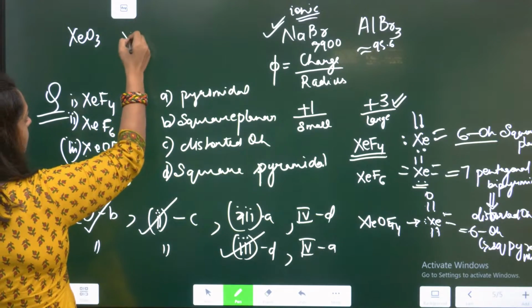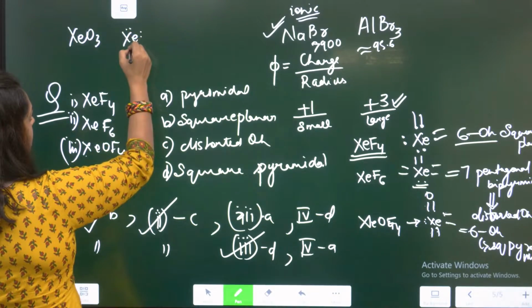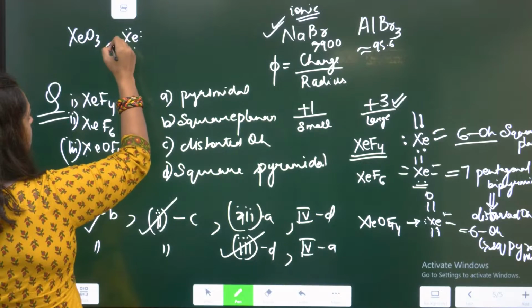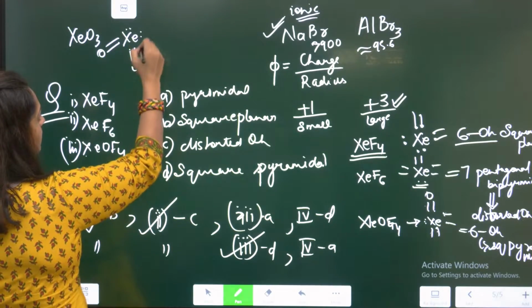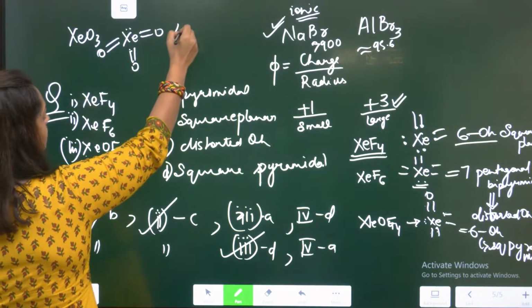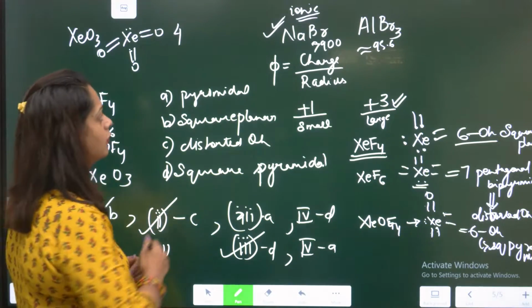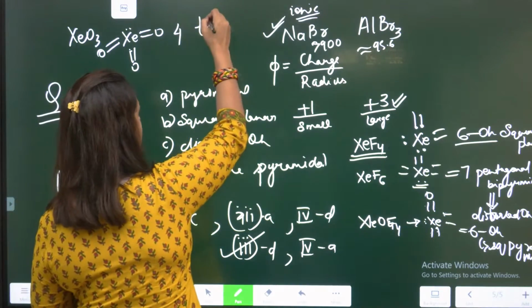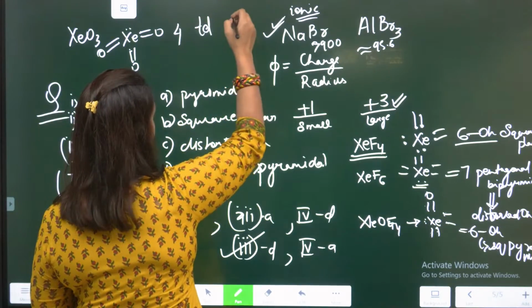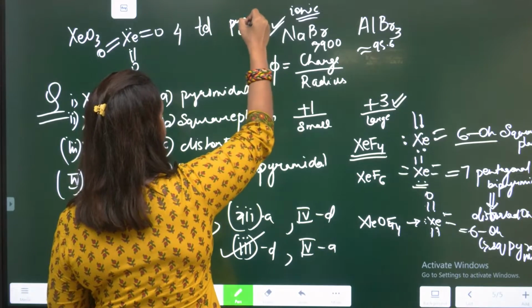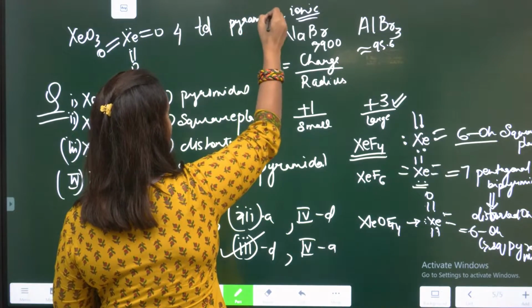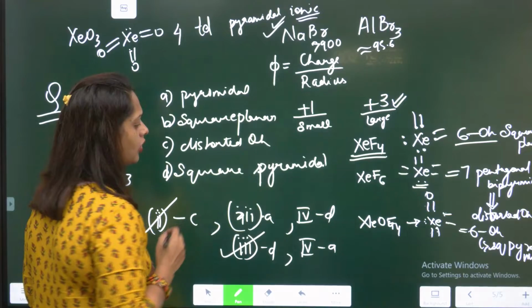XeO3, that means 8 electrons. Each one of them will form a double bond with it. So that means the number comes out to be 4. Tetrahedral geometry, shape would be pyramidal. Is it clear, Shanmukha? You got that wrong, right?